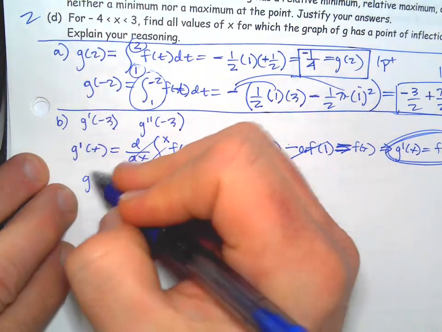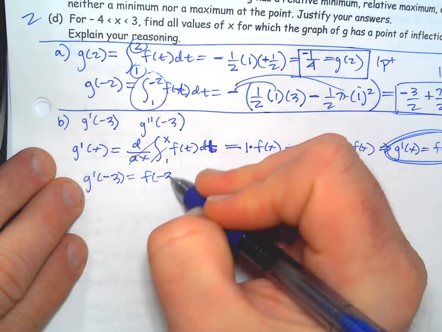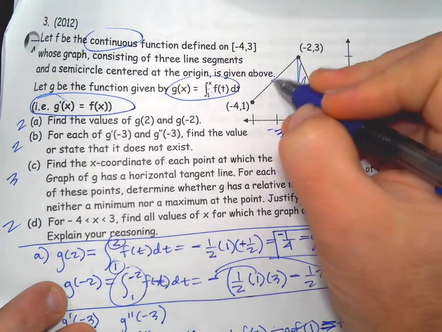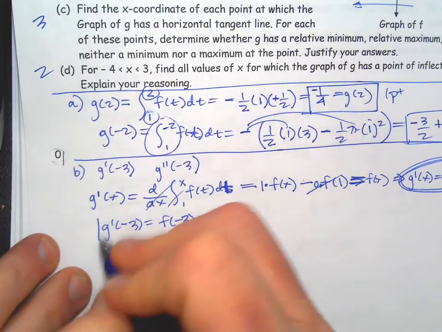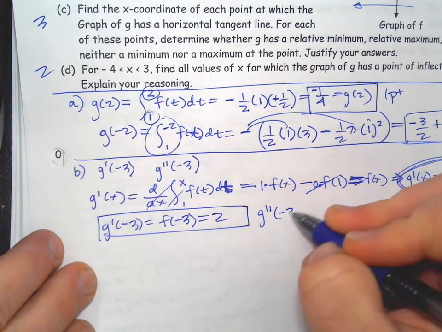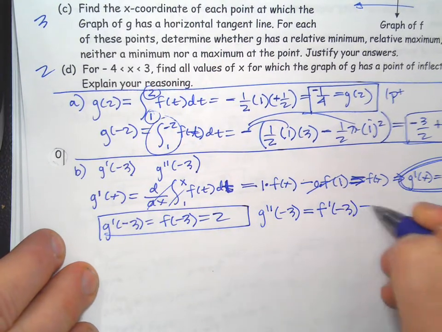So in this problem right here, g prime of negative 3 equals f of negative 3. All you have to do is look at the graph and say, what's the value at negative 3? It's 2. Right? And then g double prime of negative 3 would be the derivative of the graph at negative 3, which means the slope of that line right there.